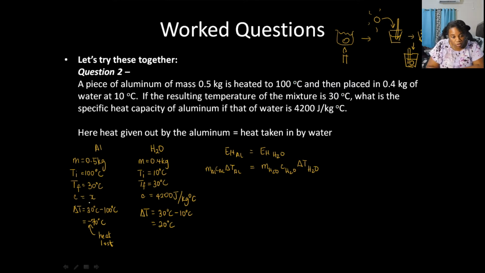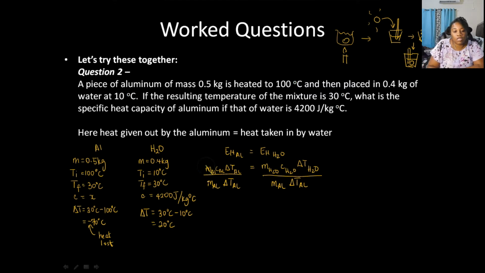And now we could start transposing. We're looking for the C of aluminum, so we've got to get rid of the mass and the delta T of aluminum, and we divide this side by the mass of aluminum and the delta T of aluminum.